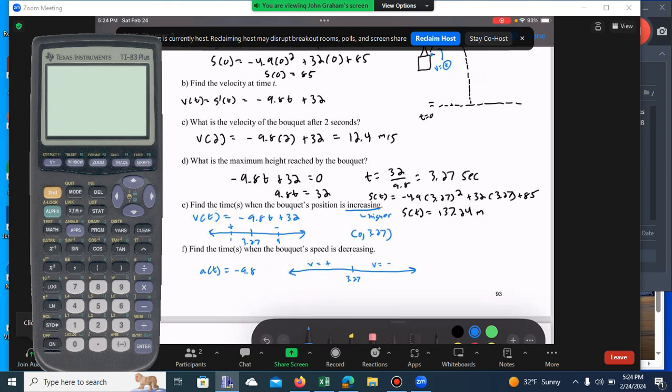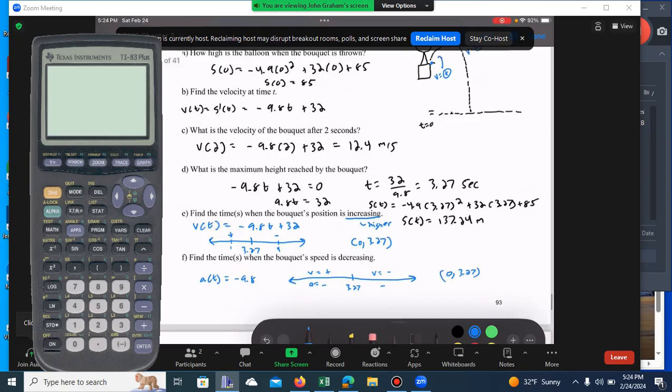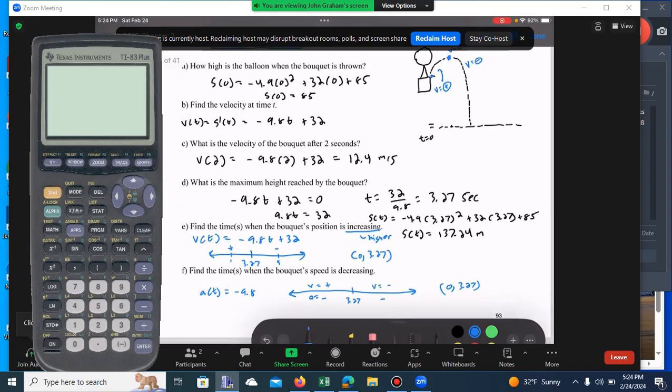Your acceleration is always negative, negative, negative. Okay? Remember, decreasing is when it's opposite signs. So acceleration is negative, velocity is positive. That also is between 0 and 3.27. If you think about it, it's slowing down as it goes up to 0. Okay.